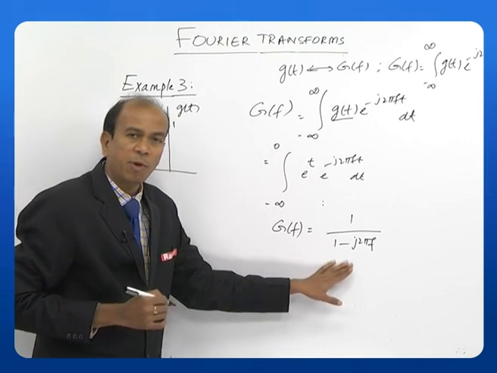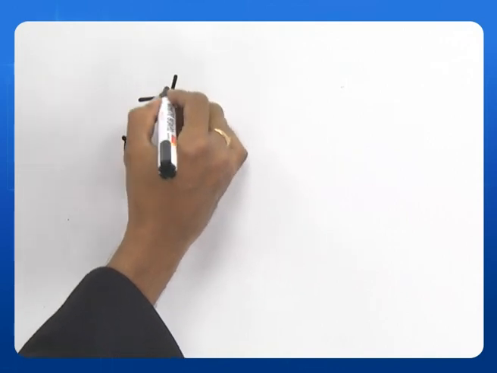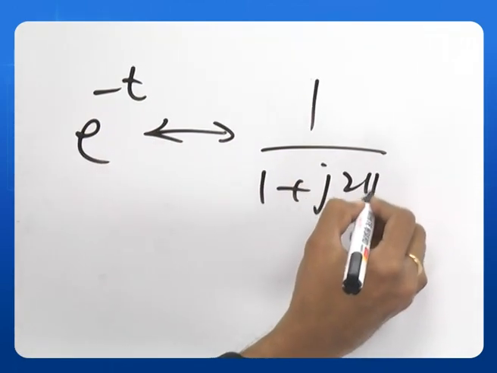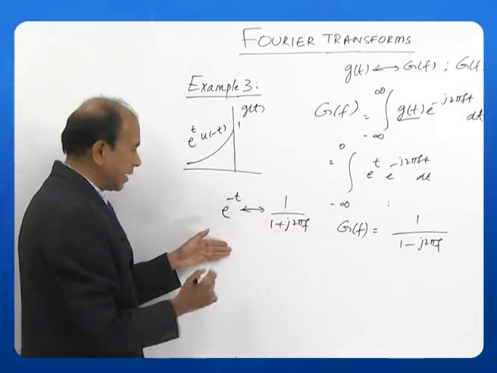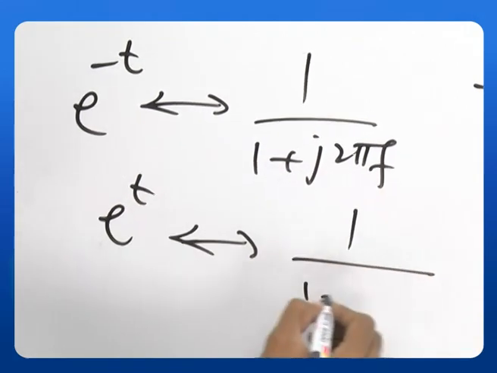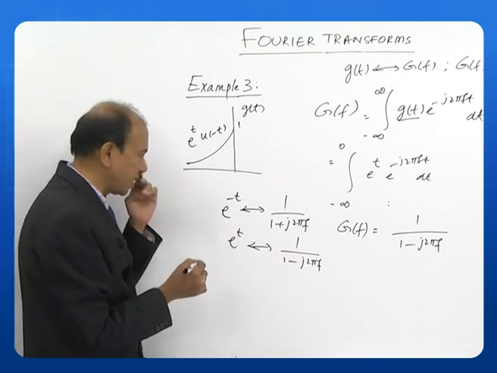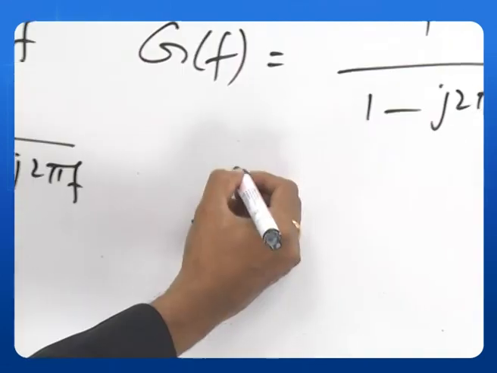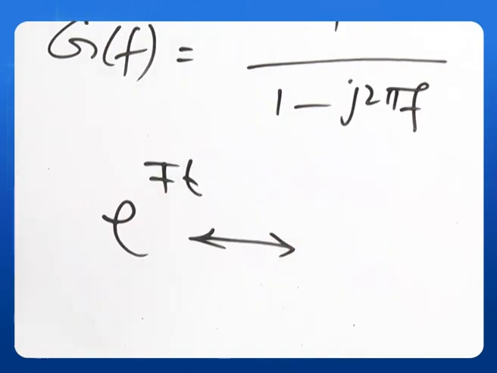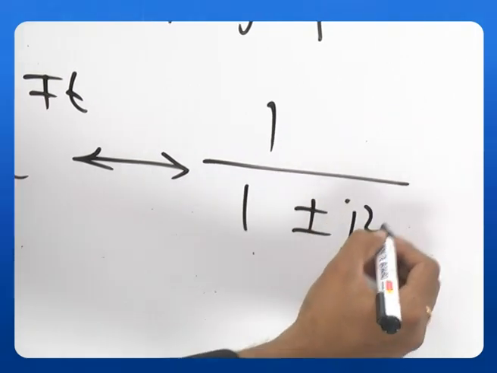So, if I look at this problem and the earlier problem, e to the power of minus t has a Fourier transform which is 1 by 1 plus j2 pi f, and e to the power of t has a Fourier transform 1 by 1 minus j2 pi f. That means, I can put these two together and write e to the power of minus or plus t will have a Fourier transform which is 1 by 1 plus or minus j2 pi f.